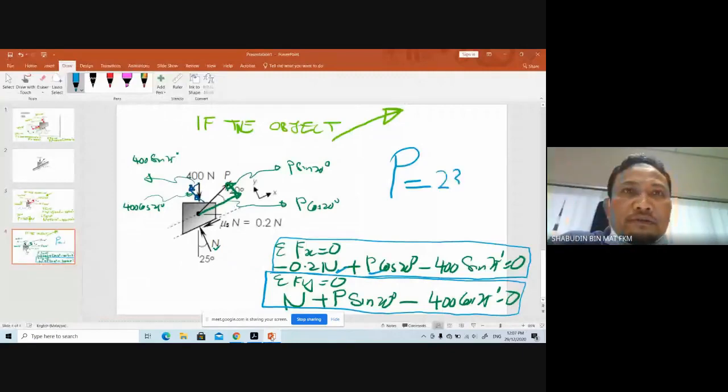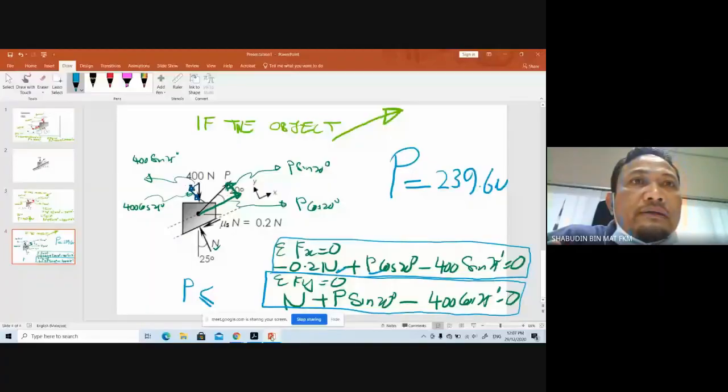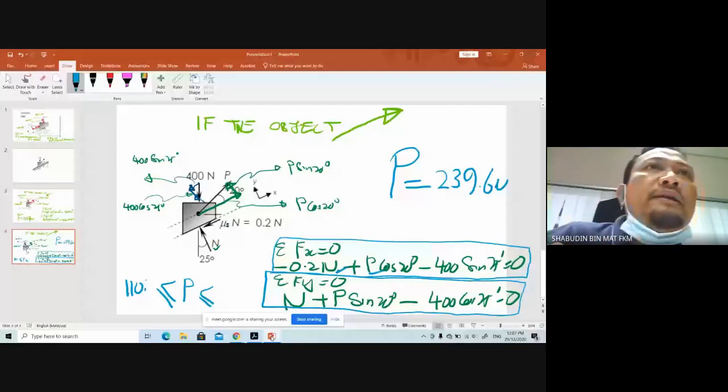So the range of P is in between 110.7 to 239.6 Newton. That is your final answer.